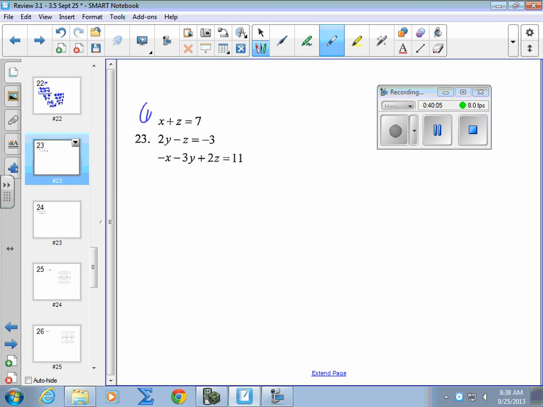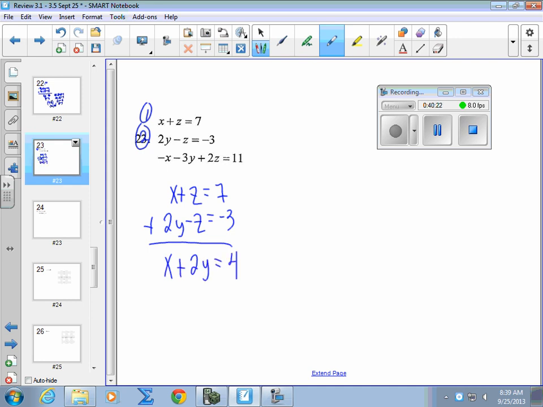Alright, first and the second one, we'll add these two together. And we get x plus 2y is equal to 4. So then if we take the second. Everybody agree with that?